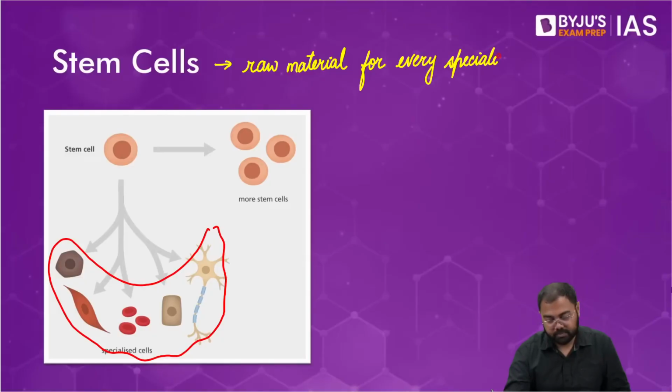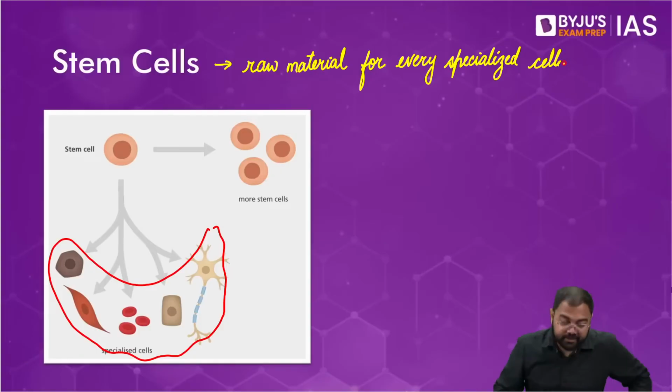And not only in humans, but even in other animals and even in plants we see that they have stem cells. Whether it is higher plants, higher animals or humans, stem cells are found in all of them.